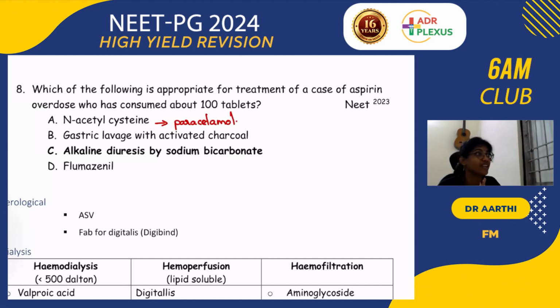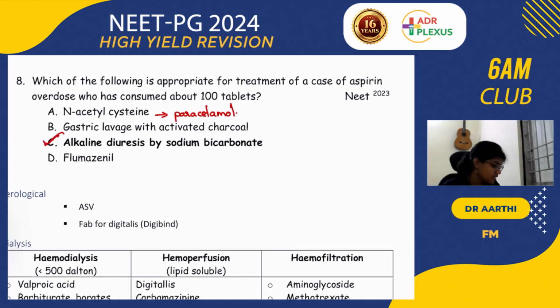Right, your gastric lavage and activated charcoal. But again, if the person has consumed and it has been absorbed, we are talking about salicylates over here. The ideal treatment is going for diuresis with sodium bicarbonate. Okay, so this becomes the treatment.